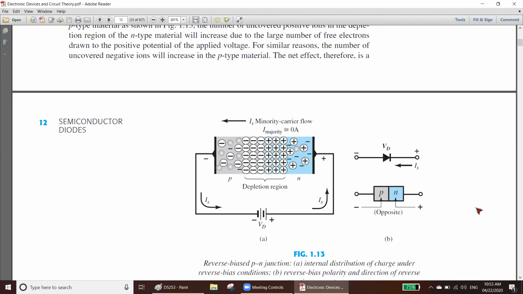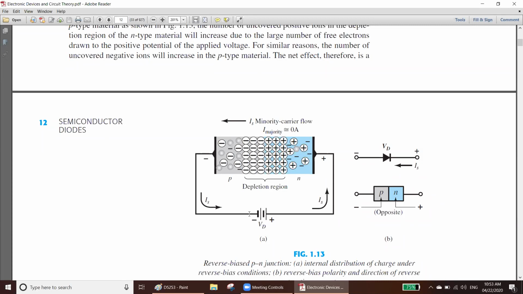If current tries to go from P to N, it is fine. If it tries to go from N to P, it is stopped because this is a diode.